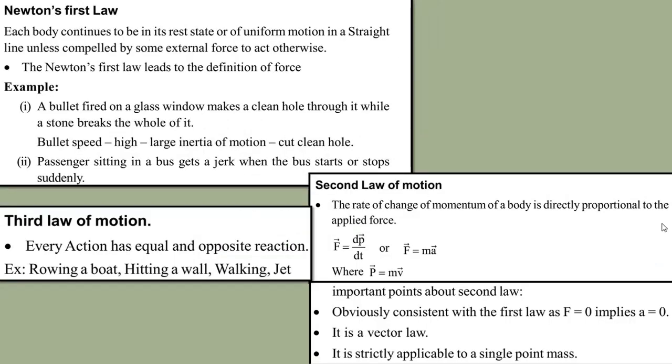Then Newton's first law. Each body continues to be in its state of rest or uniform motion in a straight line unless compelled by some external force to act otherwise. Newton's first law leads to the definition of force.